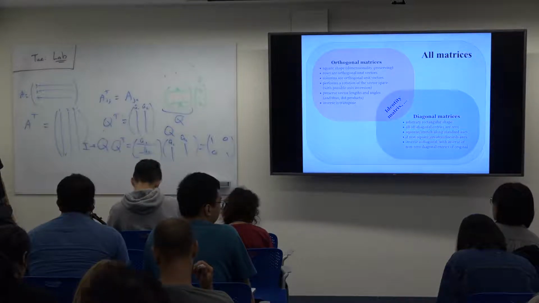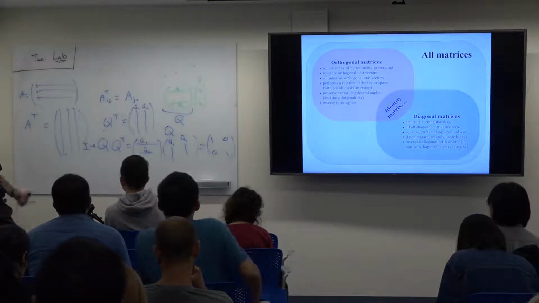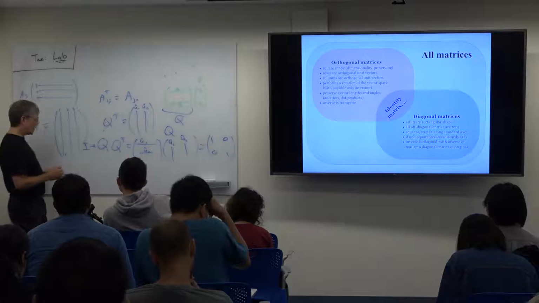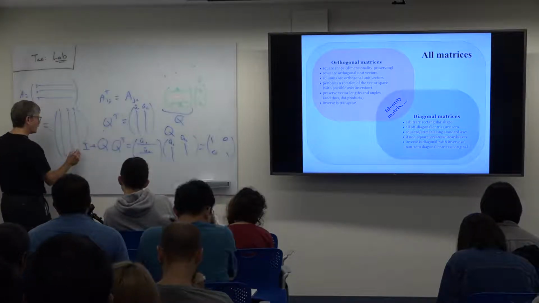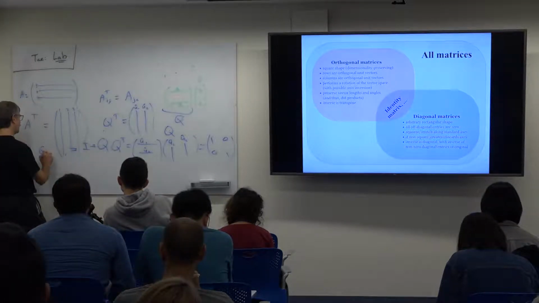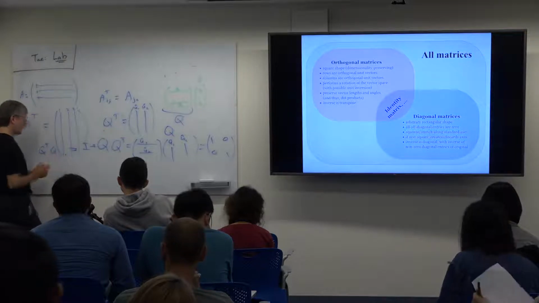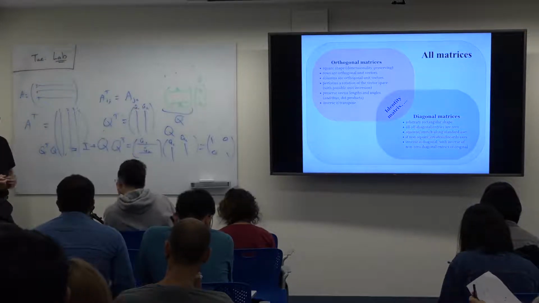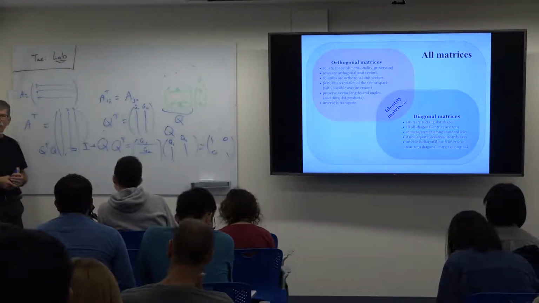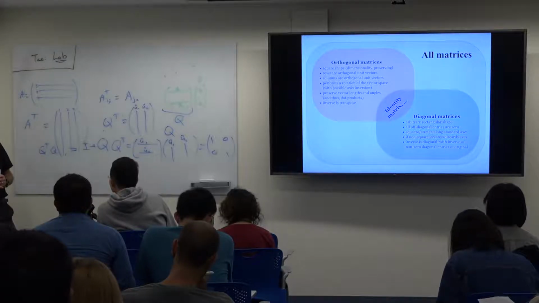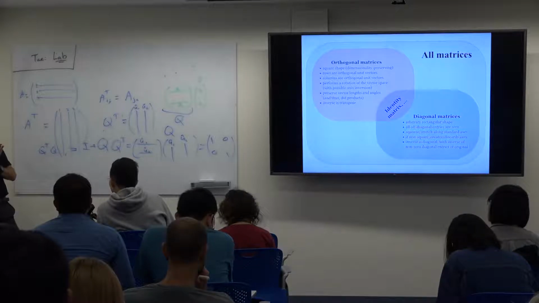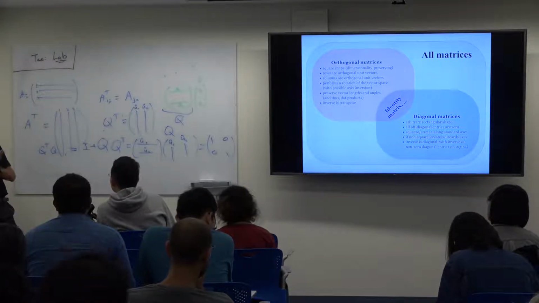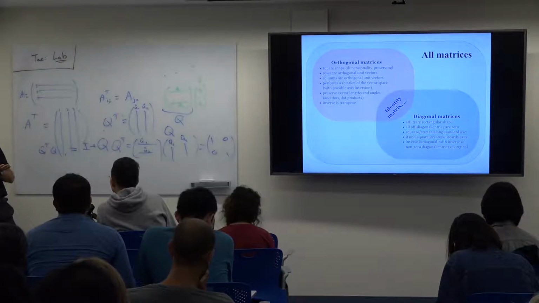Now, I've just told you Q times Q transpose is the identity. I have not shown you that that is also equal to Q transpose Q. I'm going to assert that, and for rotations it's kind of obvious, right? Just geometry. If this one's rotating it that way and that one's rotating this way, you can take a vector and rotate it down and then back up and be where you started, or you can rotate it up and then back down and be where you started.